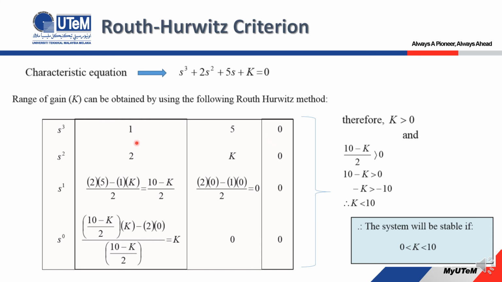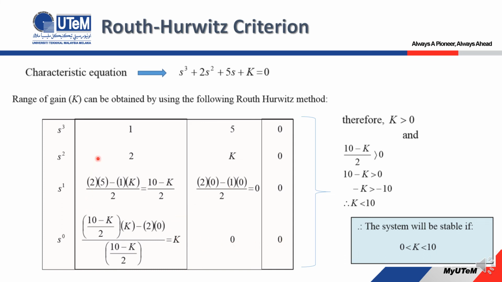First we fill in the first row by taking the odd coefficients from this characteristic equation, and next we fill the second row by taking the even coefficients. For the next coefficient, we use the formula that we discussed before, where this coefficient times this coefficient minus this coefficient times this coefficient, divided by this coefficient. The result becomes (10 minus K) over 2. And also for this one, and also this one.